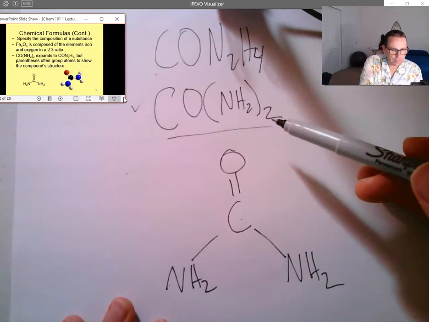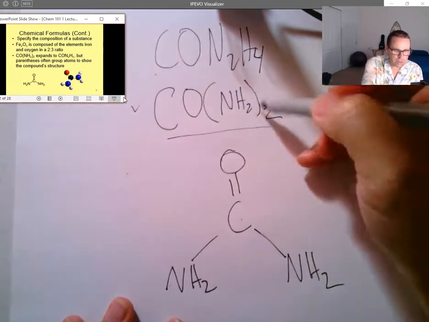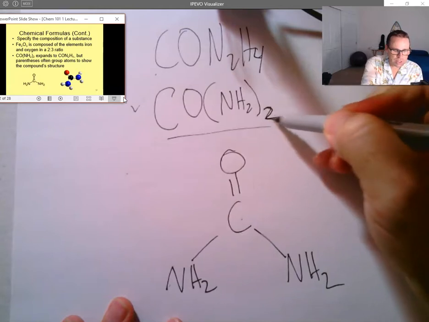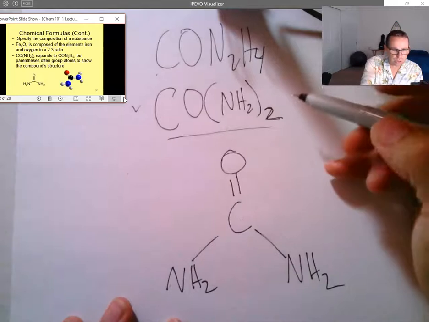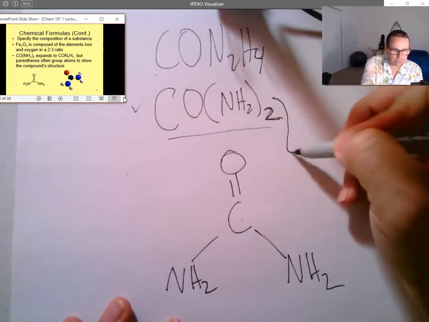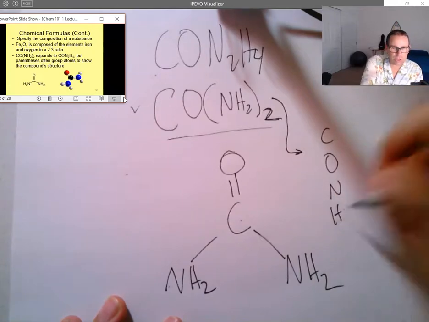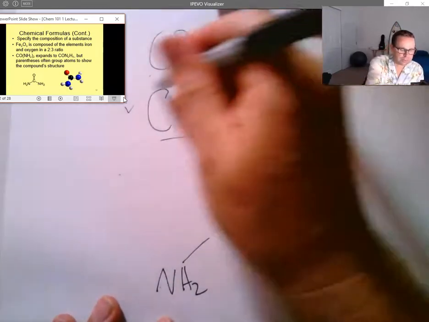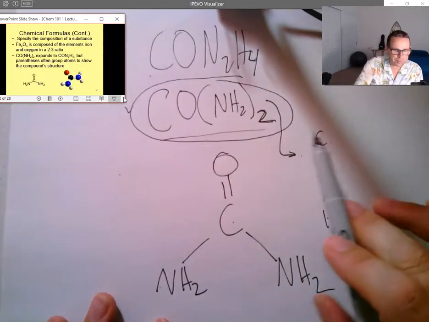All right. But what we're learning here is with these parentheses, and with that 2 that's outside the parentheses, it's saying we have 2 of these NH2 groups. And so if I wanted to identify the number of carbons, oxygens, nitrogens, and hydrogens in this compound here, let's see. Can we do it? How many carbons do we have?